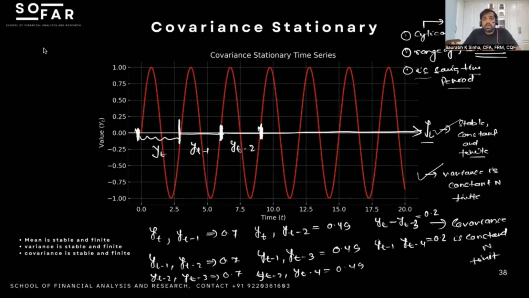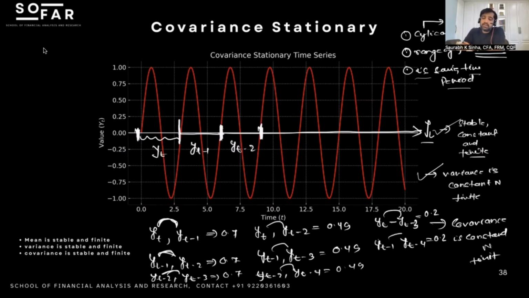Can you see a pattern? What is the lag between the two? The lag is 1. When there is a lag of 1, whichever time section you pick, the correlation is going to be 0.7. What is the lag here? 2. Whenever there is a lag of 2, the correlation is going to be constant for that lag.